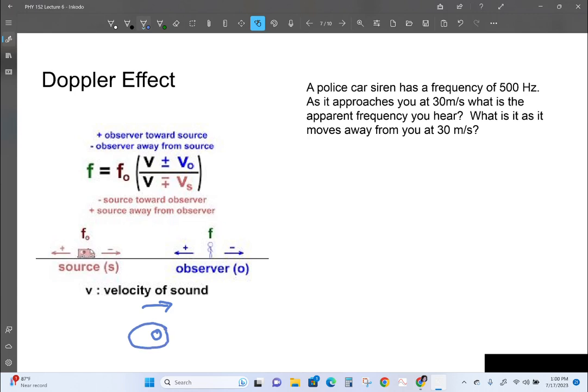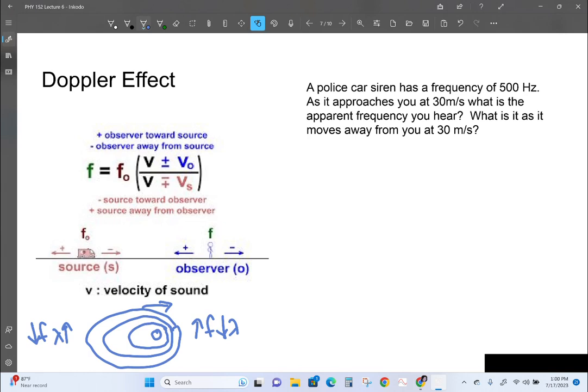Those sounds on the front of it will be compressed, and the ones on the back will be decompressed. So on the front end, as it approaches you, you're going to hear a higher pitch because the wavelength is lower. And on the back end, you're going to hear a lower pitch because the wavelength is higher. Now, is it really changing? No, it's a perceived frequency.